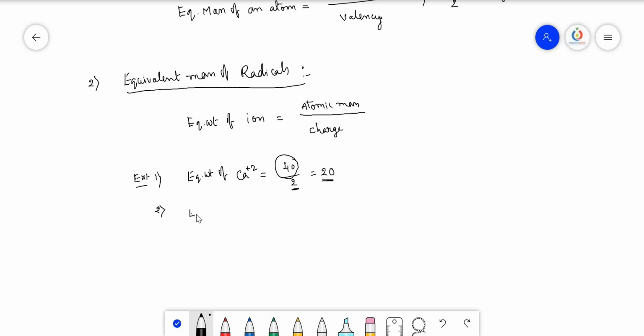Next, the equivalent weight of Al+3, aluminum. The atomic mass of aluminum is 27, divided by how much charge? 3. So this 27 grams is distributed among 3 charges as 9 grams each. So this is the equivalent mass of ions.